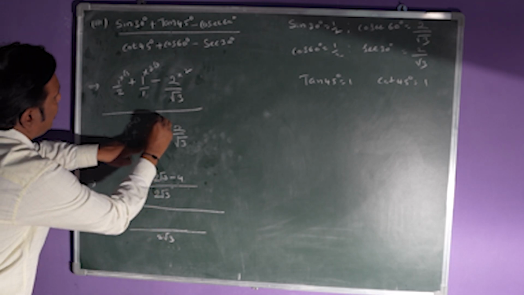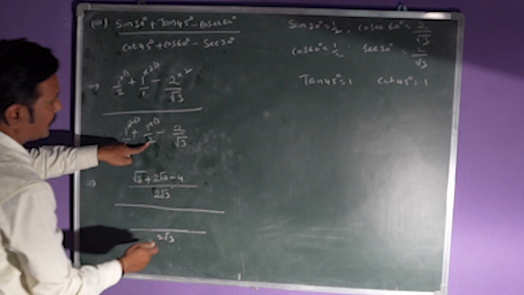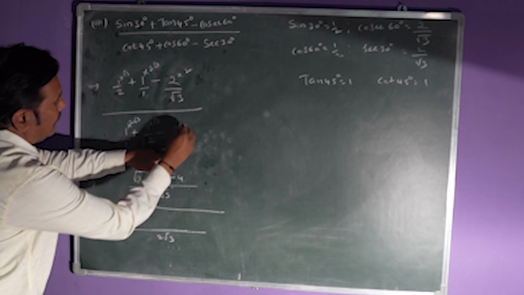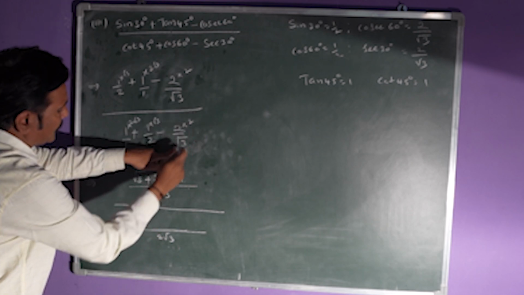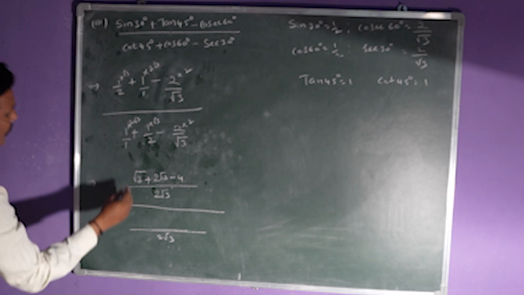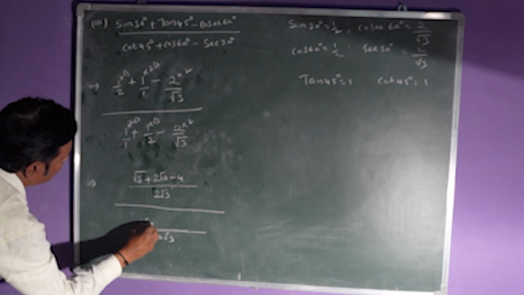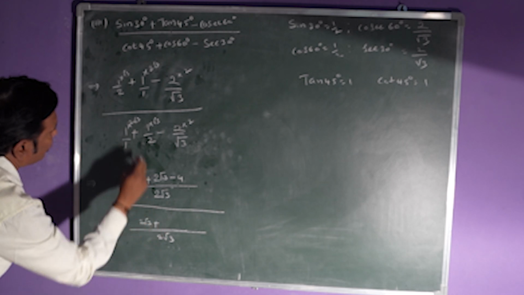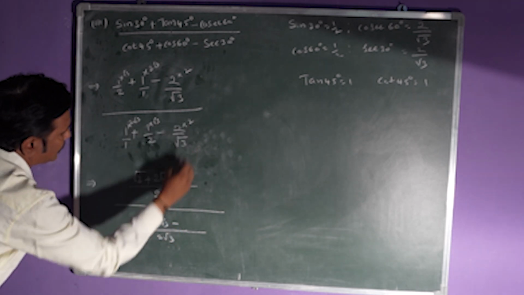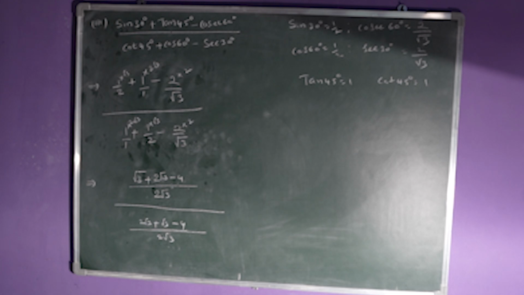Where 1 is there, 1 into 2 root 3 is 2 root 3. Where 2 is there, the LCM is 2 root 3, so the missing value is root 3, and 2 into root 3 is 2 root 3. Where root 3 is there, we multiply by 2 to get 2 root 3. So we get 2 root 3 plus root 3 minus 2 into 2, which is 4.